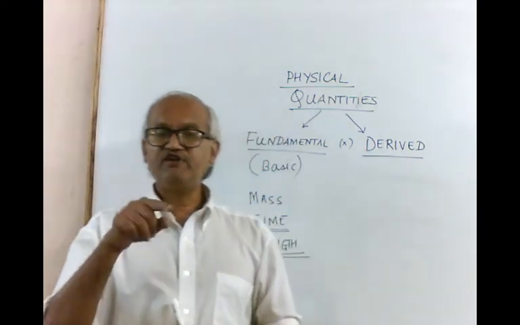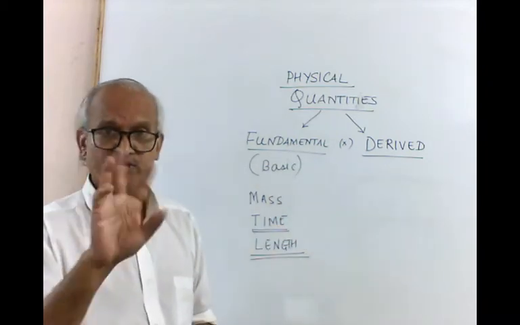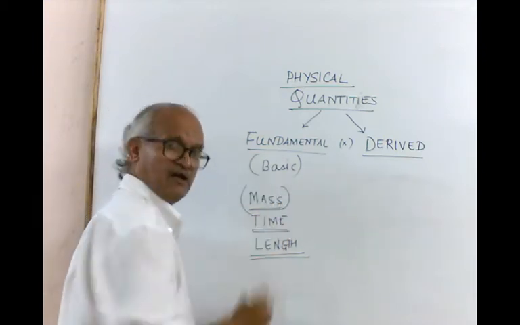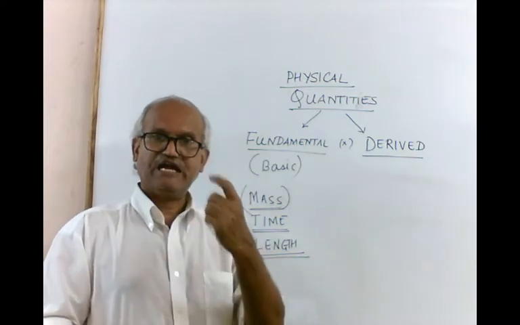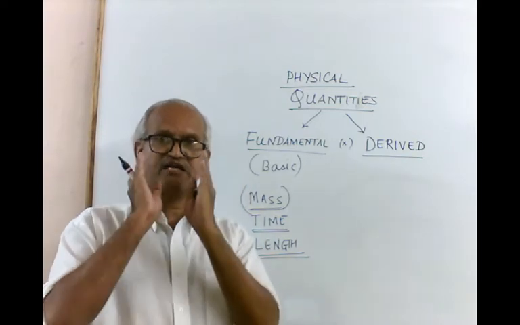The definition of the fundamental unit, अब unit और quantity में फर्क कर लेते हैं। Mass is a quantity. How much mass we use a standard unit, what we call an SI unit, System International Unit.